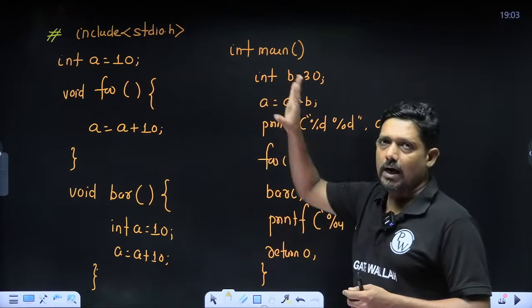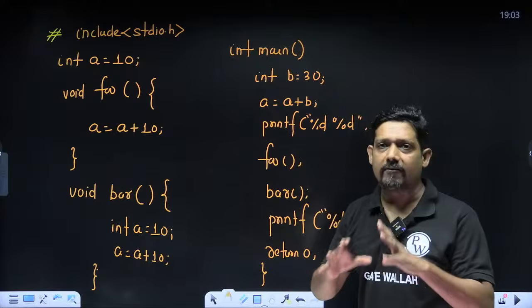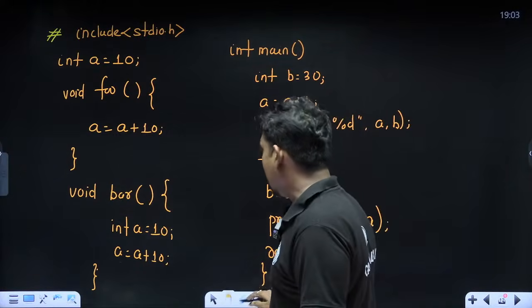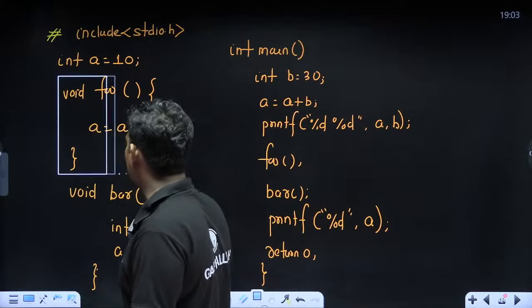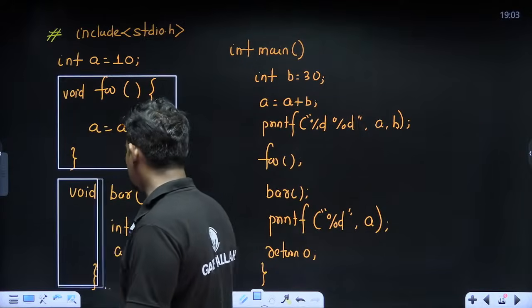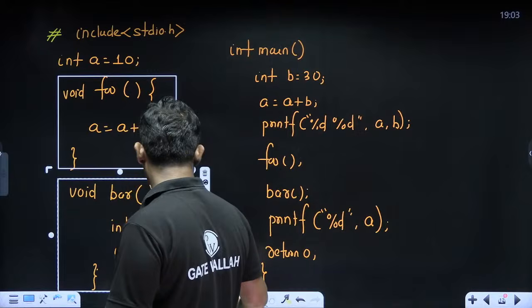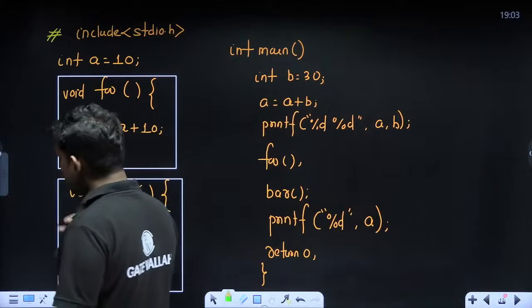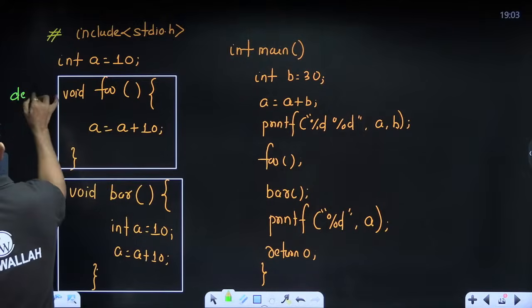Whenever, now first thing you notice here, I have not done the declaration. I have directly given the definition over here. So for both functions, I have not done the forward declaration; rather than declaration, I have given the definition.